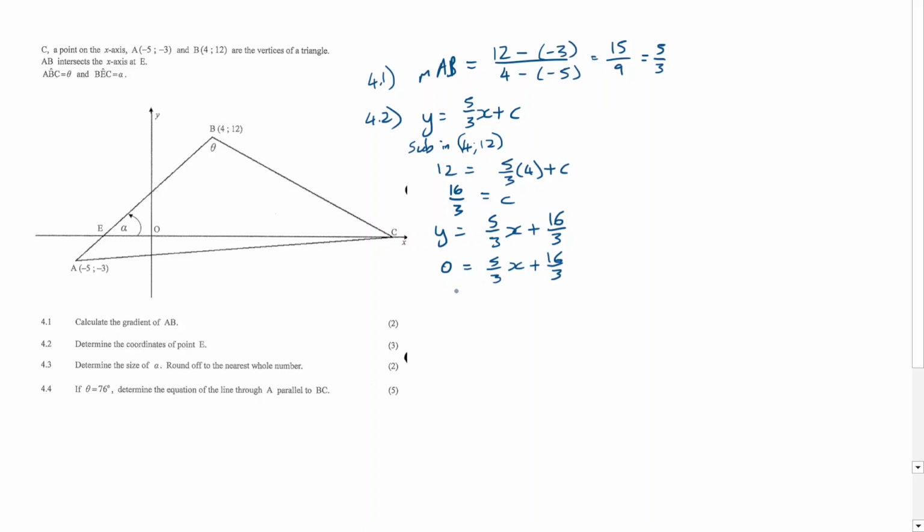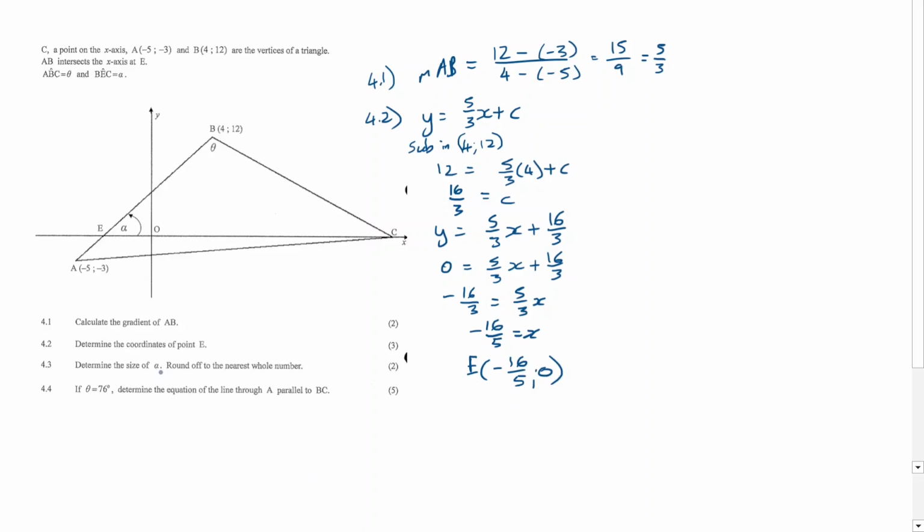I'm going to take the 16 over 3 across, and I'm going to divide that by 5 over 3, and that gives you your final answer for your x of minus 16 over 5. That's your x-intercept value, but they wanted the coordinates. So to finish off properly, I write it as a coordinate, and that would be your answer.